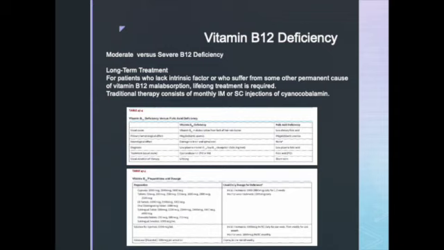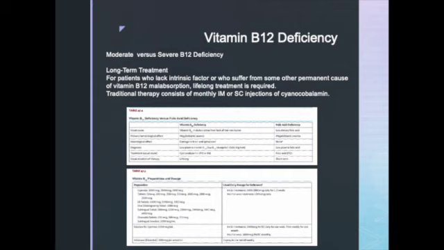By the 10th day, this is when we would expect to see our hematocrit rise, and within 2 to 3 weeks, the hematocrit is going to be back at a normal level. So we're going to see an improvement in our overall blood components, but recovery from neurologic damage is going to be slower, and it's going to depend on how much damage was present in the first place.